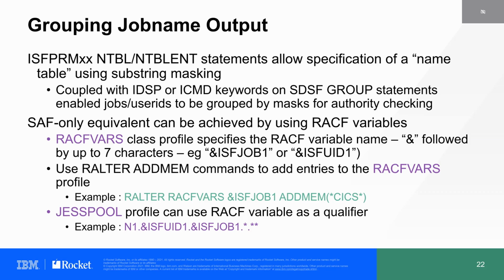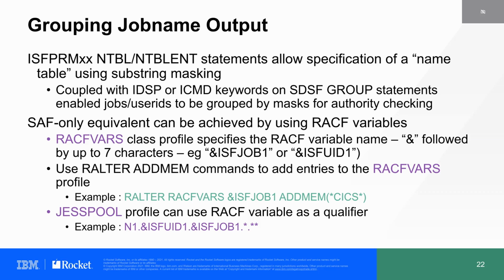Now, that isn't easily done inside standard JESSPOOL profiles. And this was a little bit of a sticking point for quite some time, but recently we've come up with a way that you can achieve sort of equivalent functionality by using RACF variables.